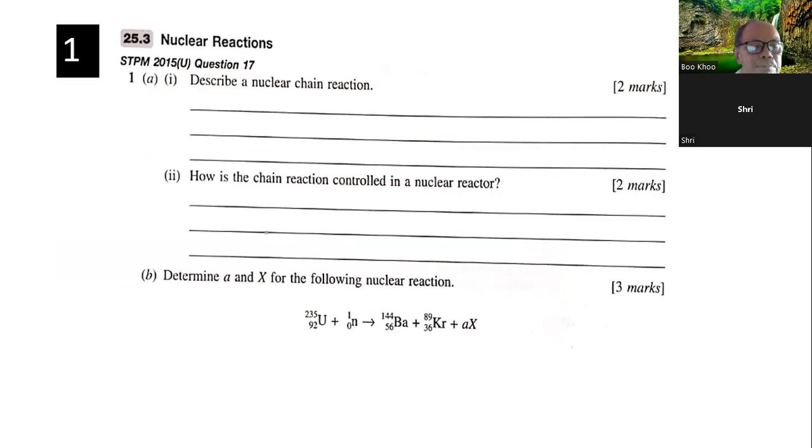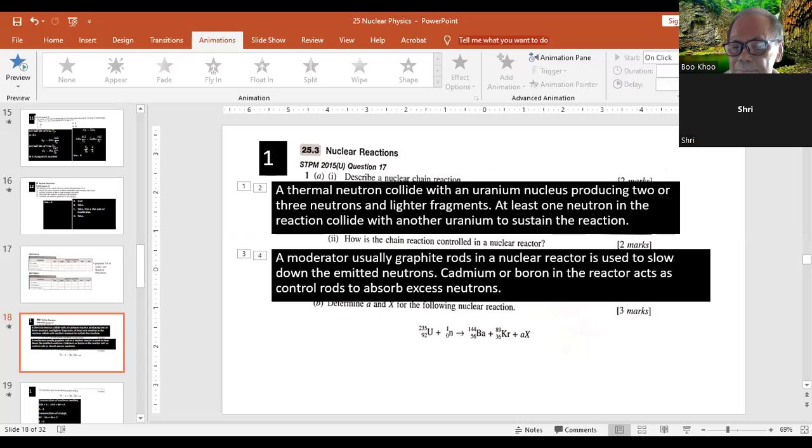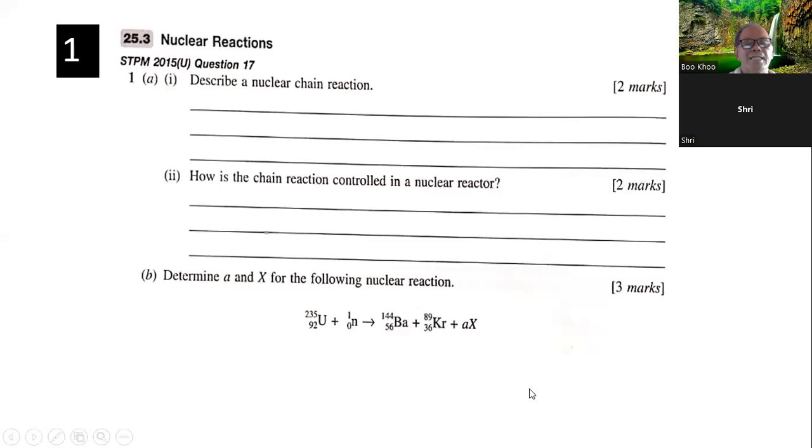Nuclear chain reaction: when a slow moving neutron bombards the uranium nucleus, the neutron goes straight into the nucleus and causes the uranium nucleus to be heavier. First, a thermal neutron bombards a uranium nucleus.